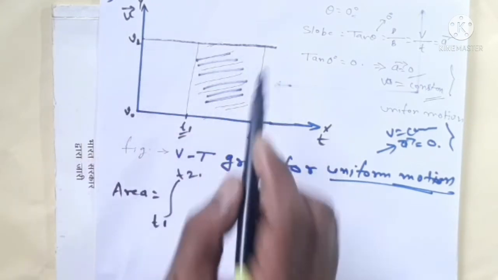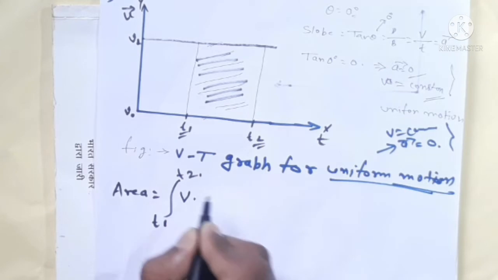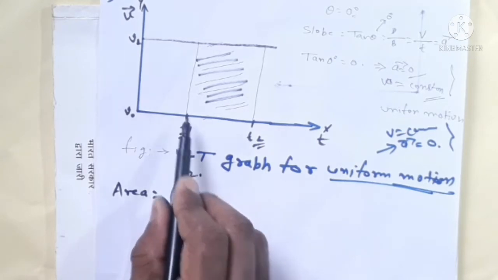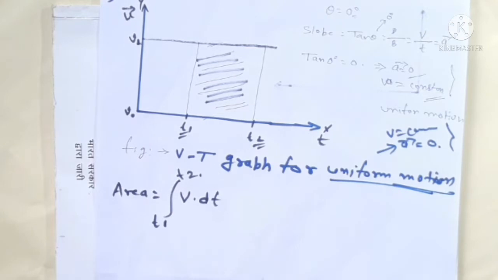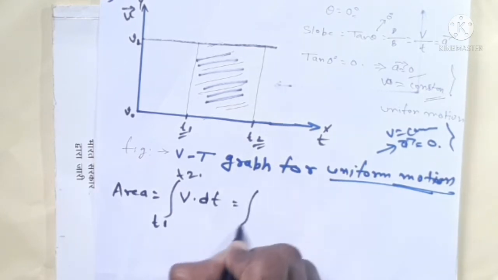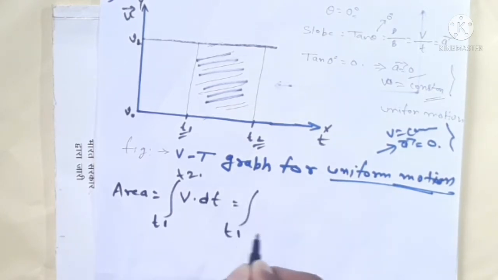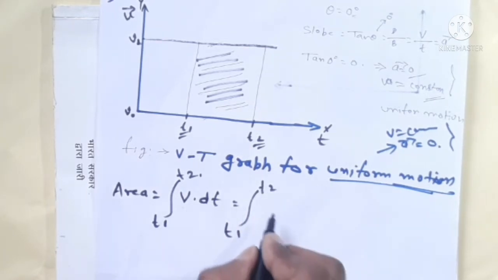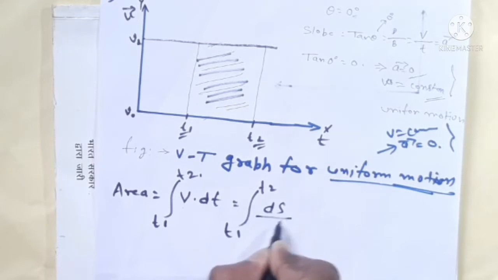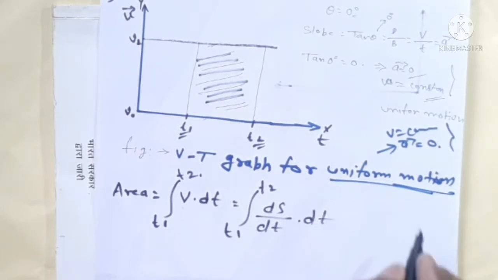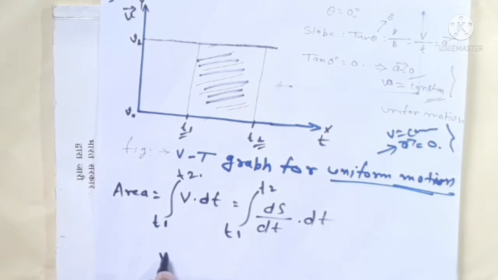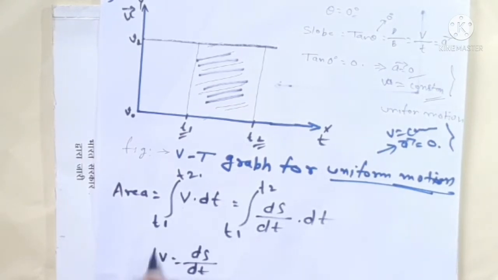Here velocity is constant v and time changes from T1 to T2, so dt can be written. Now we will write it like this: velocity is equal to the rate of change of displacement, V is equal to ds by dt.